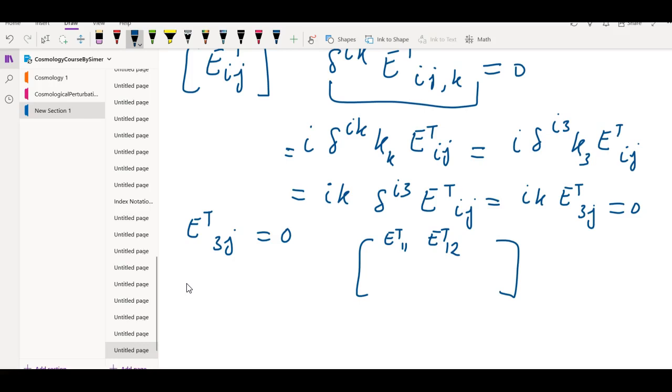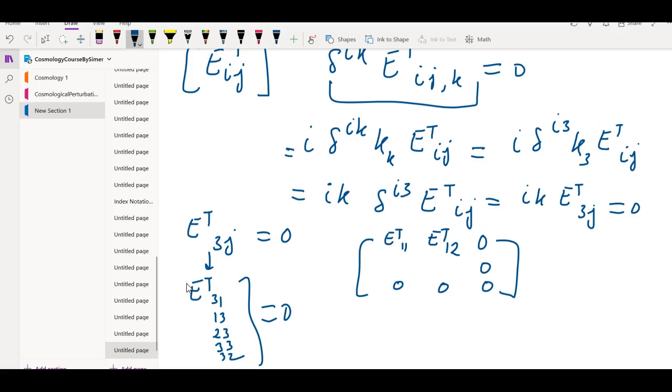We cannot have the ET13 component because this is going to give us ET31. ET31, ET13, ET23, ET33, and ET32 components will all be 0. Third row, first column; 1, 3; 2, 3; second row, third column; third row, third column; third row, second column. All these components are 0 because of this constraint.